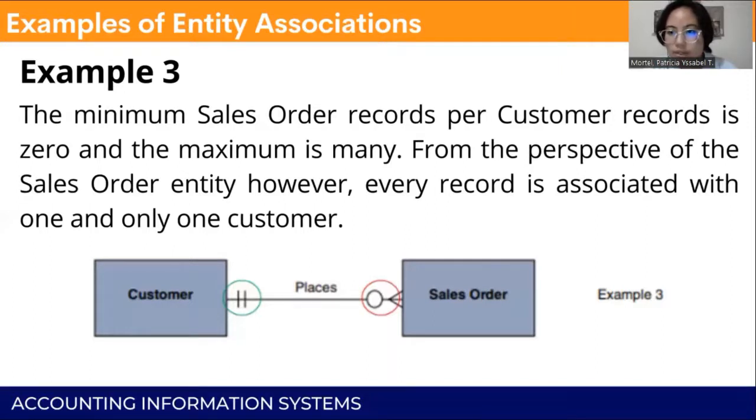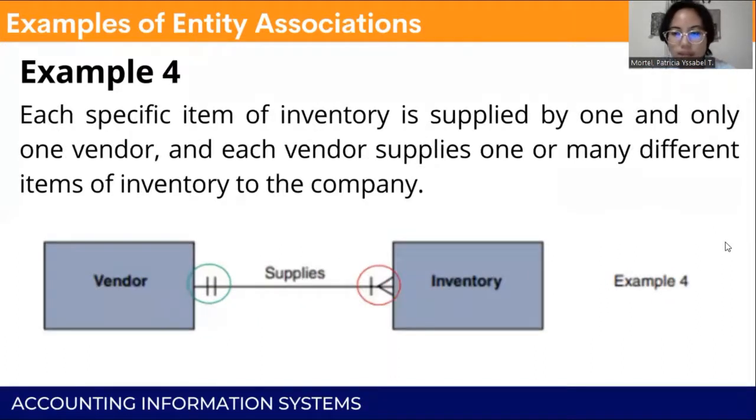If the circle represents 0, then the crow's foot symbolizes the cardinality of many. Example 4. As we can see, there's also a crow's foot symbol on one end of the association line between the two entities in example 4. And as we have discussed in example 3, the crow's foot symbolizes the cardinality of many.